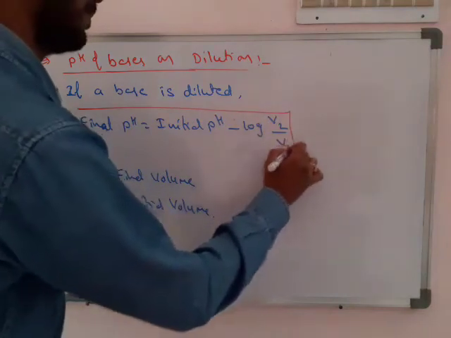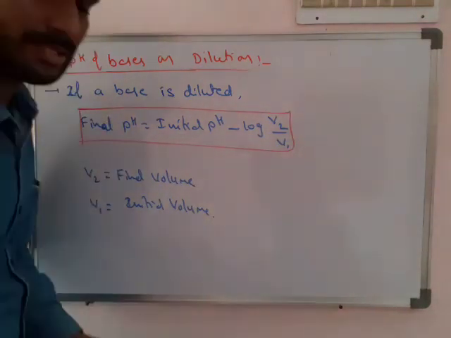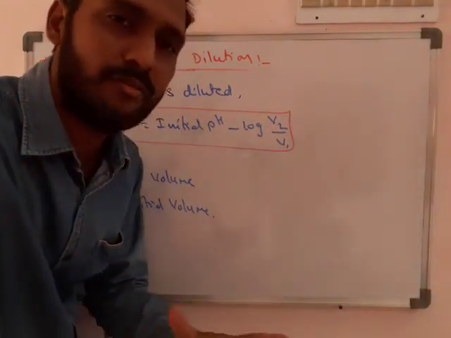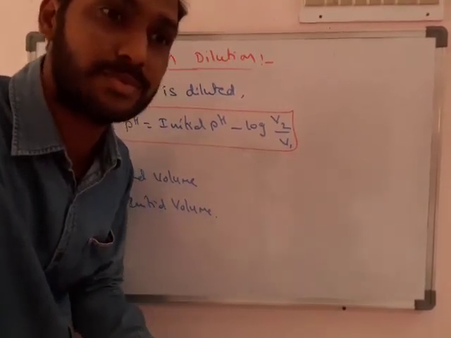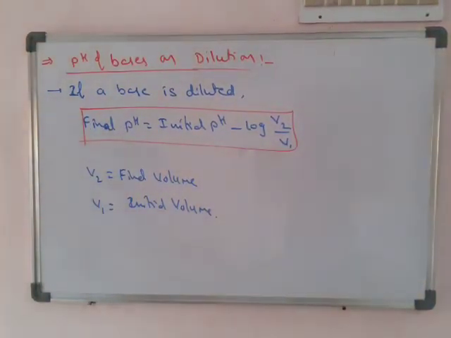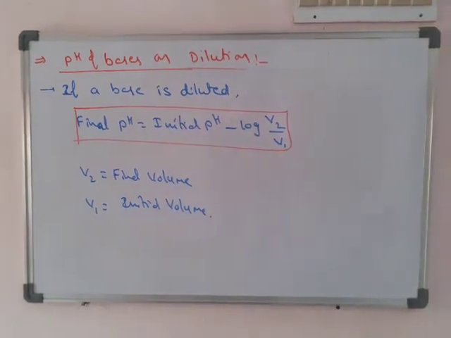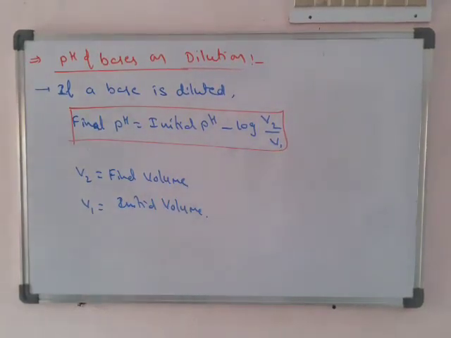Okay, this is the pH of acids and bases when they are diluted, by normal dilution or 10 power x times dilution. Next, we see some other formulas.